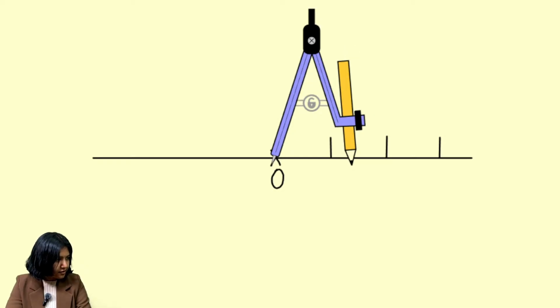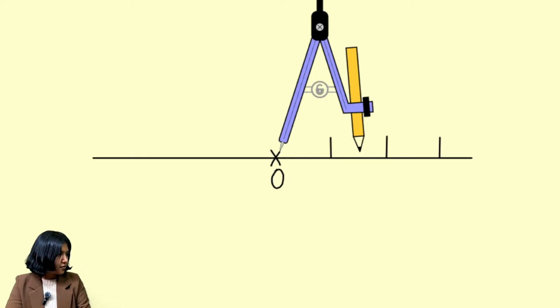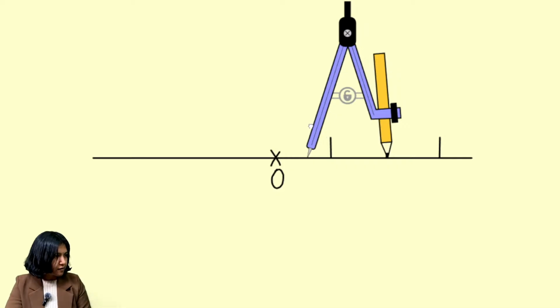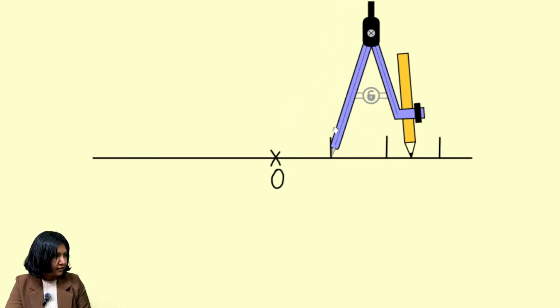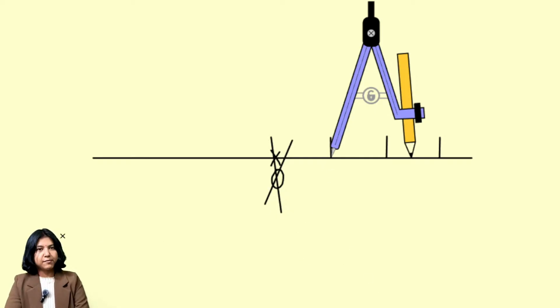Just a moment. It's not allowing me. All right, so let this be my 0, for the timing, because my compass is definitely not allowing me to take it at that point. So I'm just saying this is 0 units, this is 1 unit, and this is 2 units. I also don't have the option to clear off, or else everything goes off at once. So my compass is now kept at 0 units.